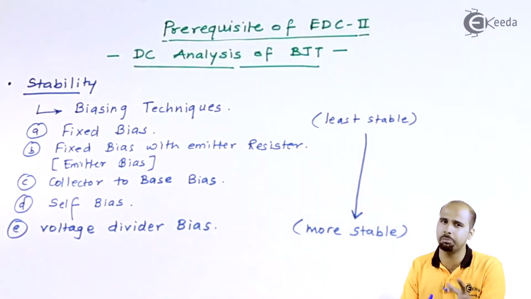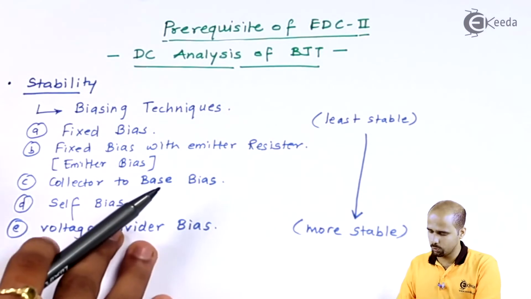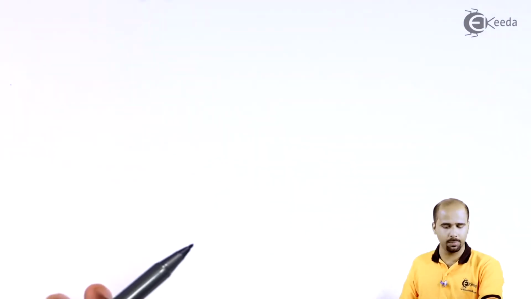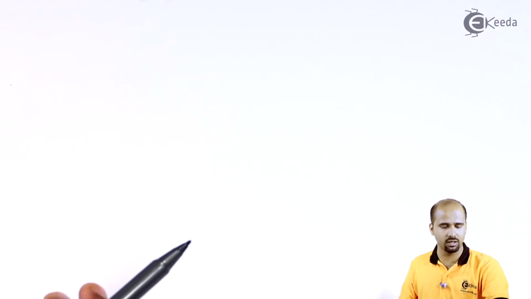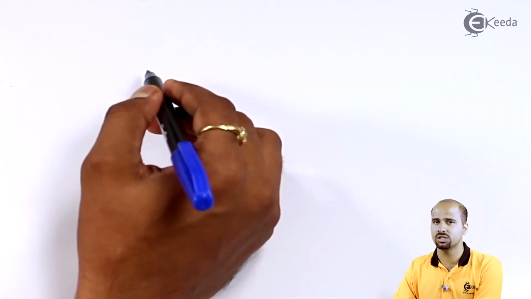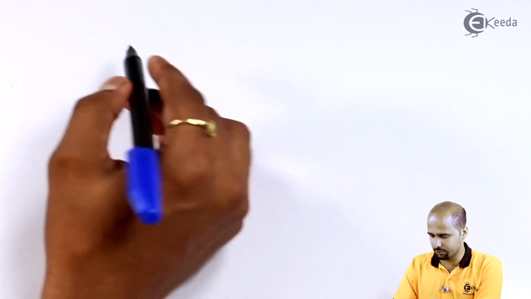That arrangement may be in terms of the resistance arrangement, and maybe in terms of the supply voltage given at a particular terminal of the BJT. We will learn the complete DC analysis by taking different biasing techniques, and we will draw each and every configuration for each bias network.